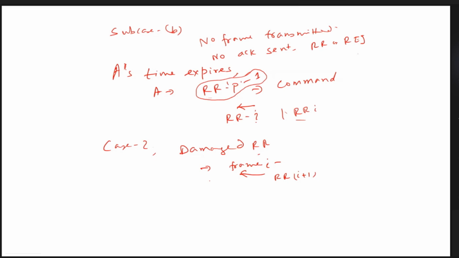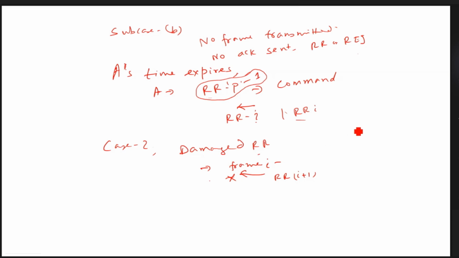But this time this acknowledgement is lost or damaged. Then A will not take any action, because the sender will understand that some acknowledgement will come. Each frame is not acknowledged in sliding window flow control, so maybe the next acknowledgement will be there, which will indicate the receipt of the earlier frames.